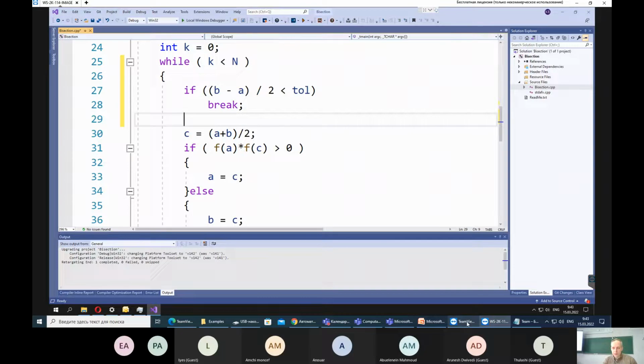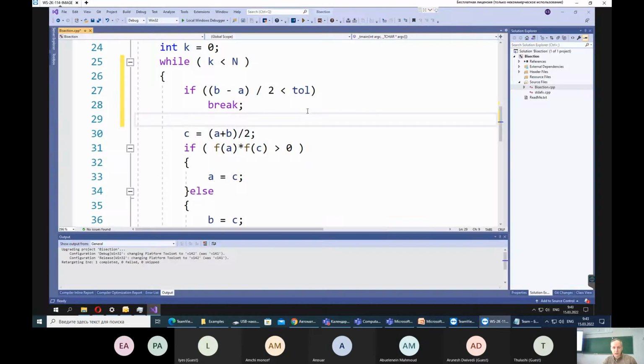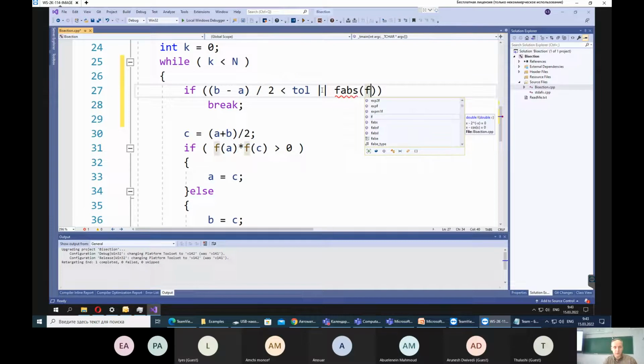It's one condition. The second condition is f of c smaller than tolerance. If you want, I can write it here, or modulus of f of c smaller than tolerance.